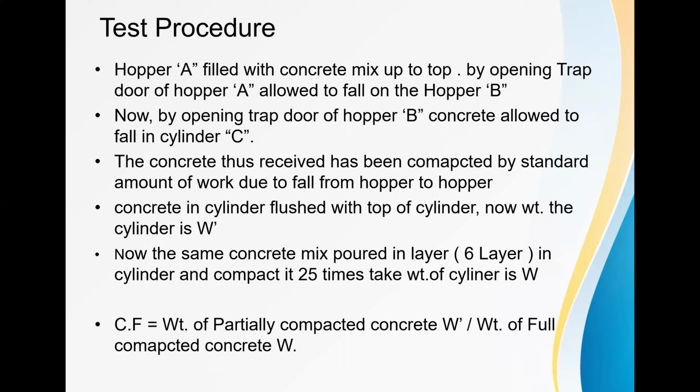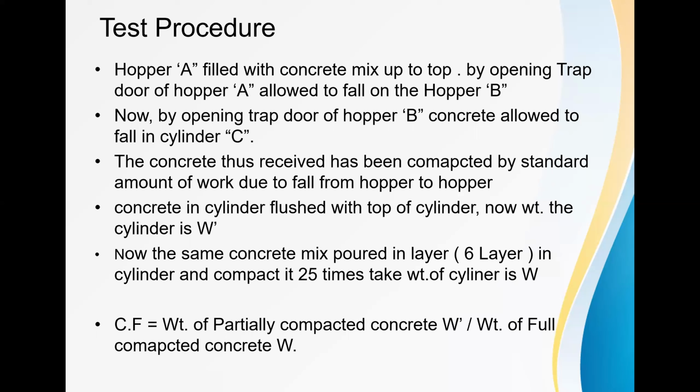Then, by operating the trapdoor provided at the bottom of hopper A, the concrete is allowed to fall onto hopper B. Now, by opening the trapdoor of hopper B, the concrete is allowed to fall onto the cylinder C. The concrete thus received has been compacted by a standard amount of work due to the fall from hopper to hopper, and the concrete in the cylinder is flushed with the top of the cylinder.